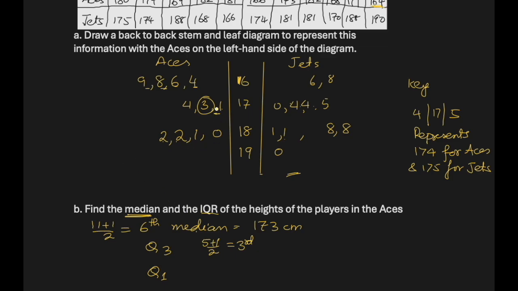So the third position, this 3 is gone, so 4 is first, second, third: 181. That gives us 181 centimeters. Q1 is again the median of the lower half excluding 173, and that will be again the third. So 1 2 3 in ascending order, 168 centimeters is Q1.